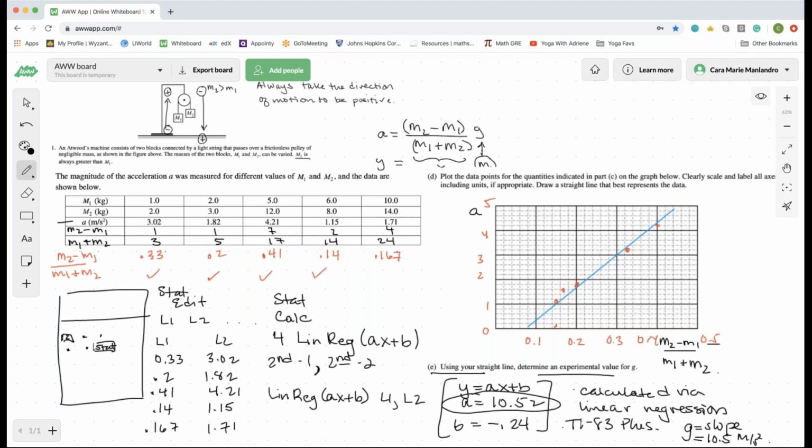Now, if you didn't have your calculator, you can just pick 2 points and find the slope. Those of you who have not ever done that, now you know how to. Any questions?